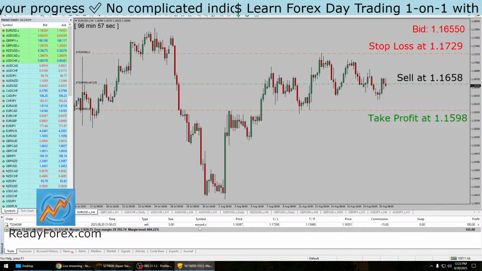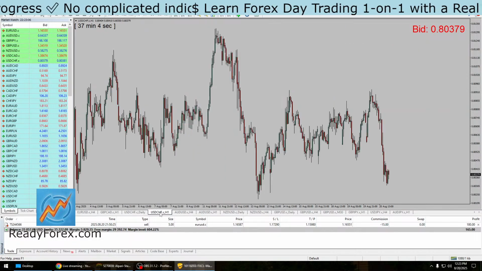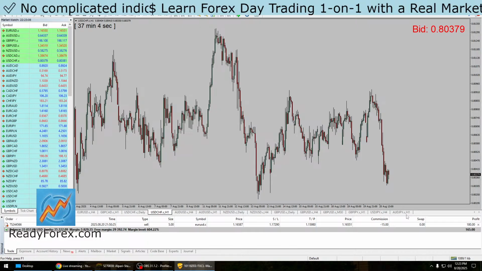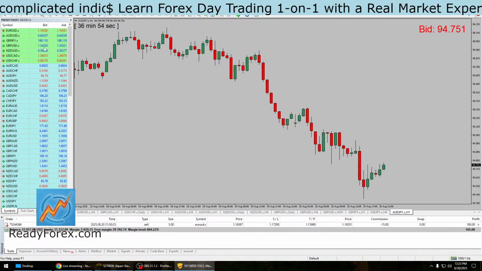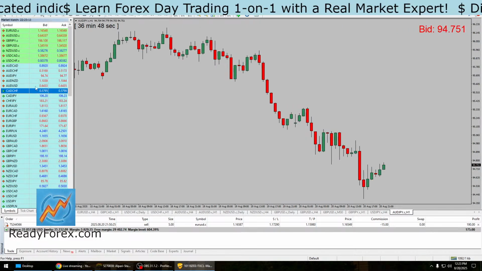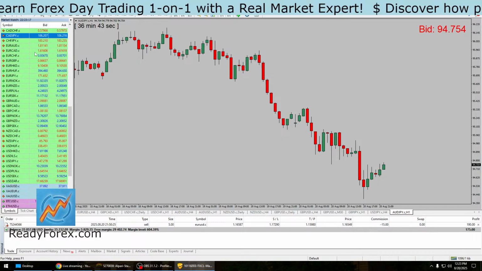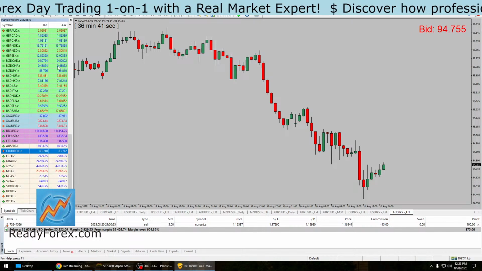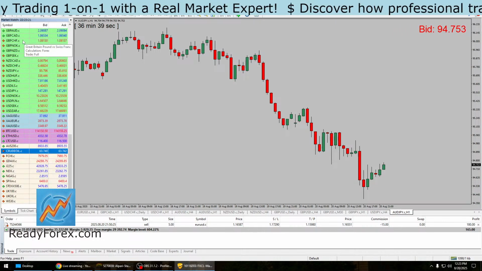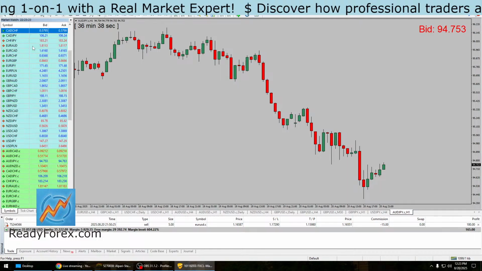Let's check it out over here. Swiss franc, this one is the AUDJPY, CHF. It was right up there.